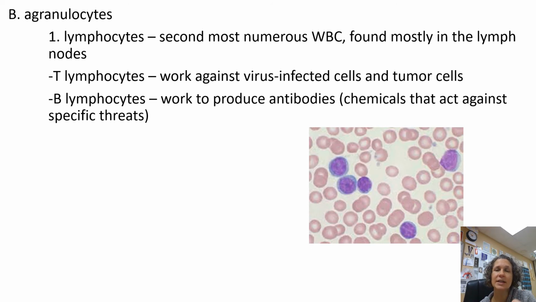A vaccine is a weak version of an illness, and it causes your body to produce these B lymphocytes, so that if you actually get the real sickness, your body already has some of these cells, or is ready to make them in order to defend you.